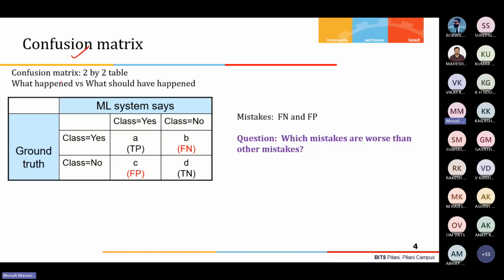The first thing is the confusion matrix. It's simple, a 2 by 2 table. It gives us what happened versus what should have happened. So we'll create a table where this is the actual values which are given in our data set, and this is the predicted values, what was predicted by our ML system.